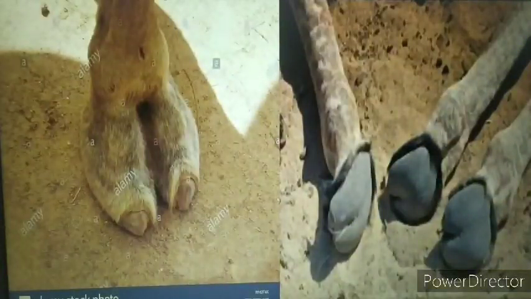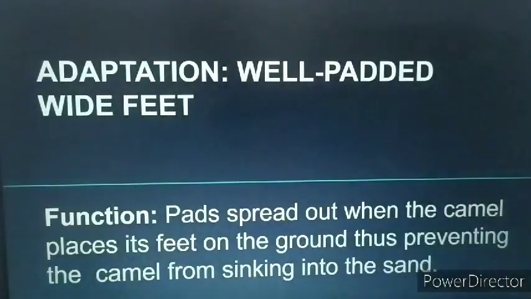Then another adaptation found in the camel is its feet, the toes. As you can see here, it is showing padded feet. This is a very special adaptation found in camels. It has well padded wide feet. The function of these pads is that they spread out when the camel places its feet on the ground. Well, you must have observed sometime that when you walk over sand, our feet slip.